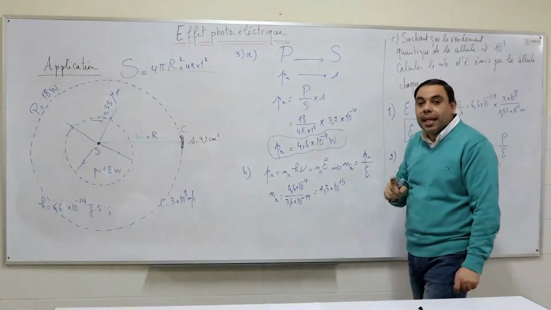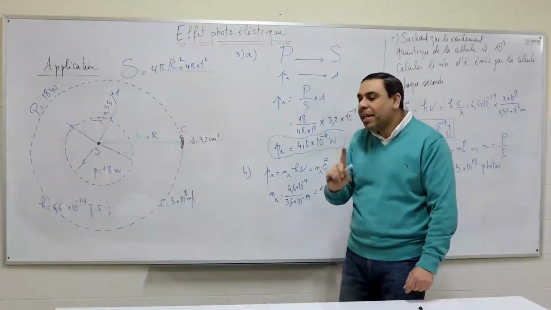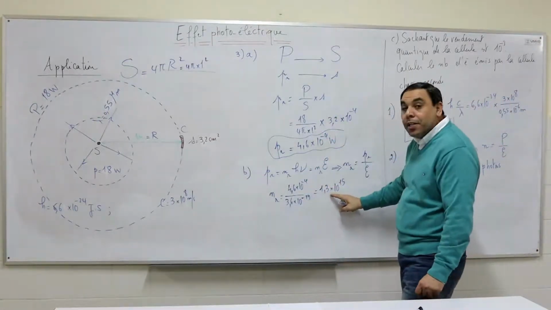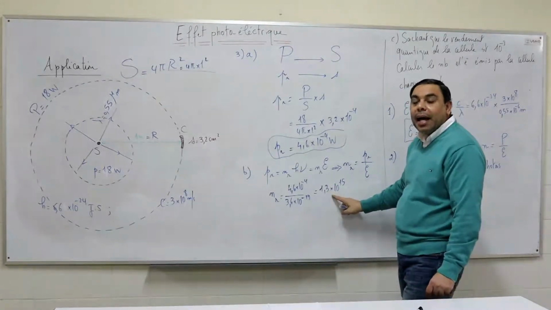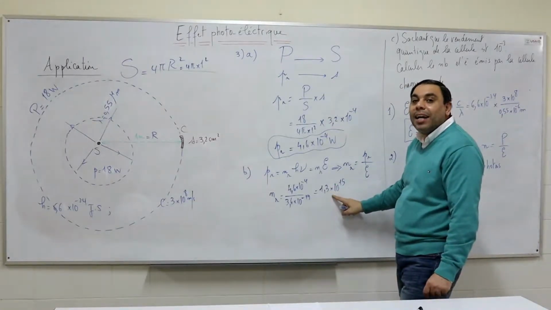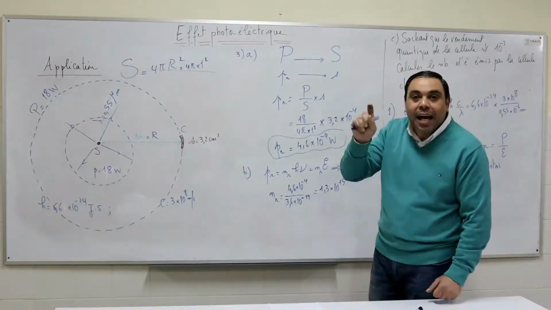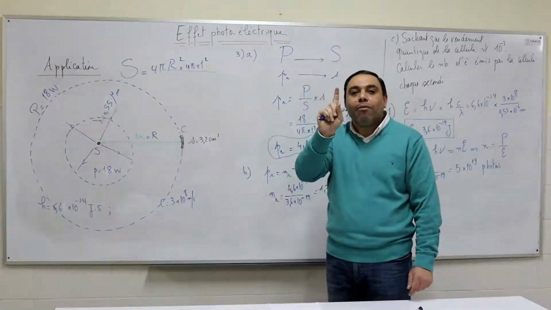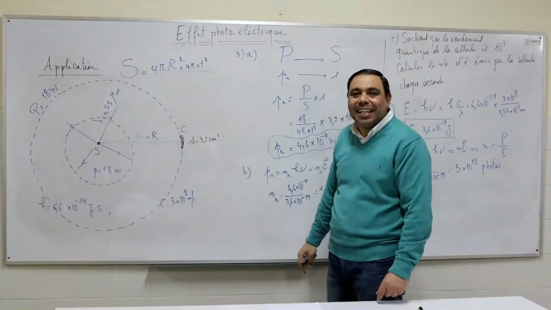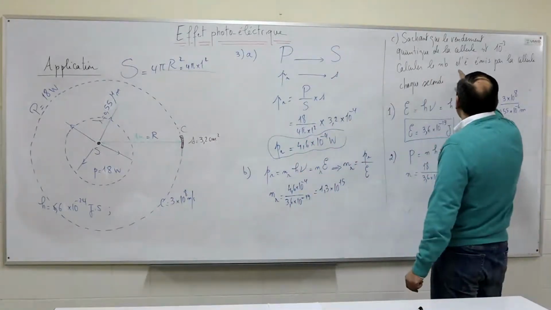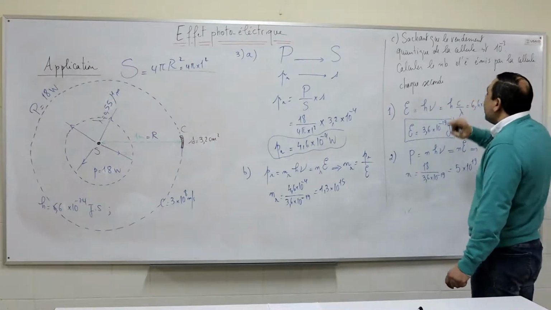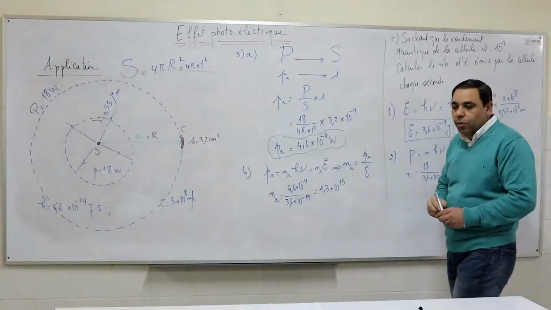That is to say, 1 out of 1000 received photons is capable of extracting electrons. Calculate the number of electrons emitted by the cell each second.